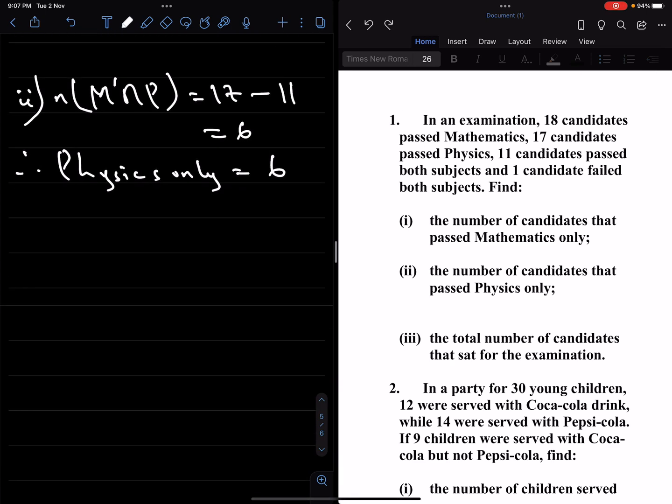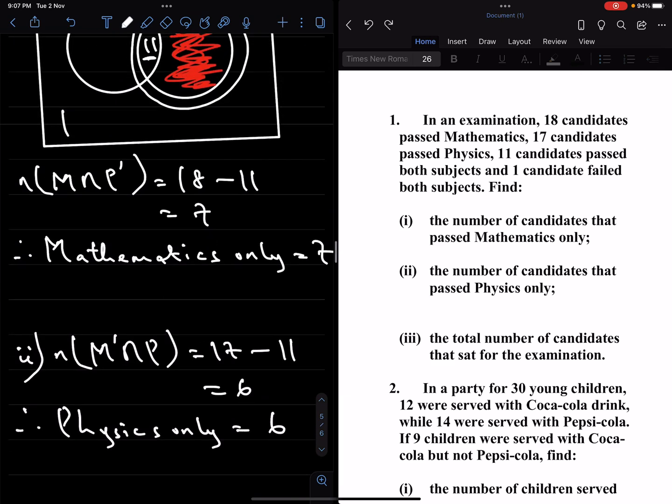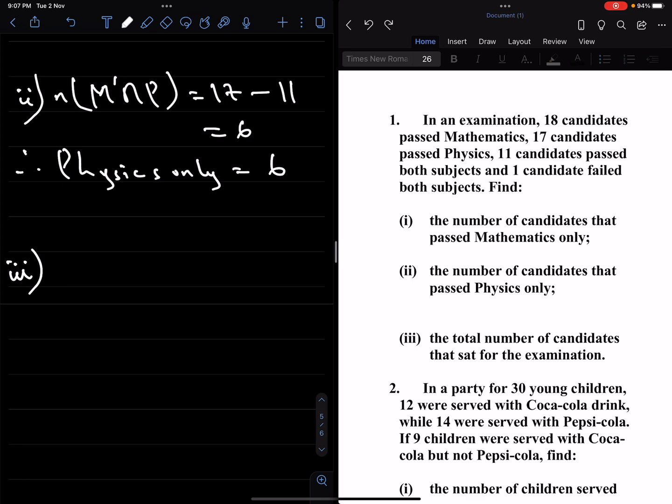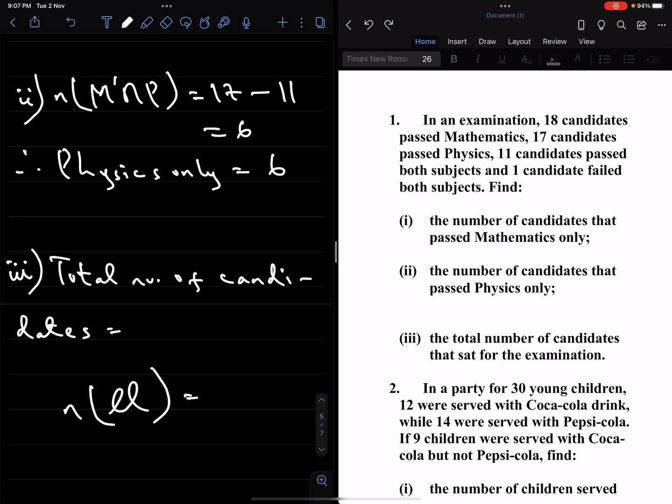So therefore physics only is 6. Now to Roman figure 3, and that's the total number of candidates that sat for the examination. That's everything inside the Venn diagram, which is the number of candidates who pass only math, that's 7, plus the number of candidates who pass only physics, that's 6, plus the number of candidates who pass both, and the number of candidates who passed none, who failed both. So the total number of candidates simply means the number of elements in the universal set, which is the same as the cardinality of U, if you like.